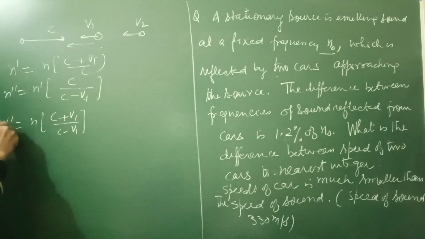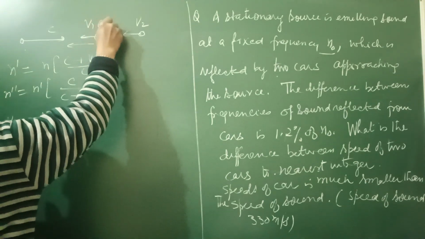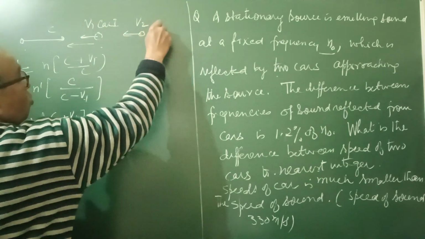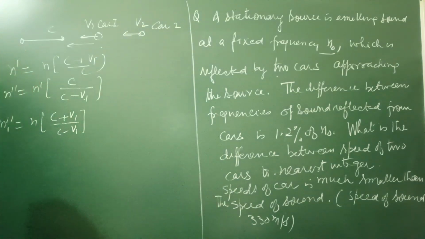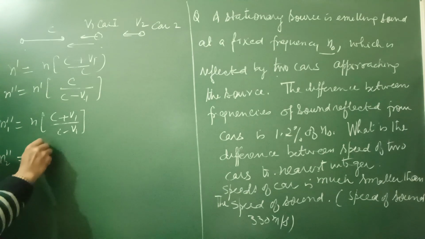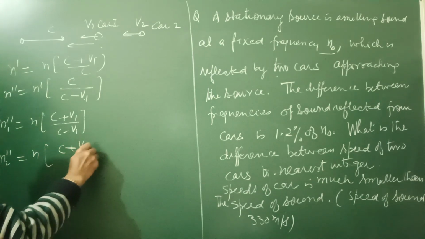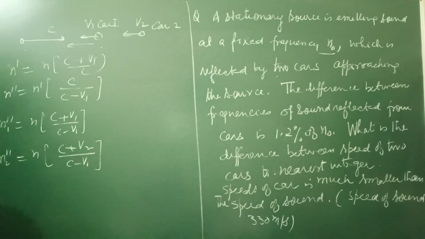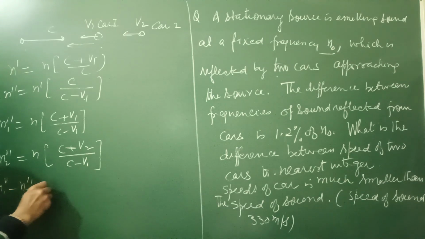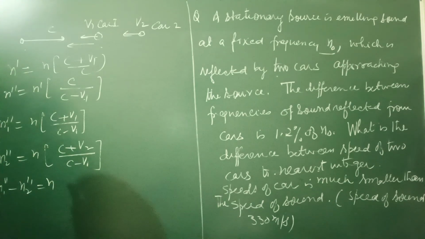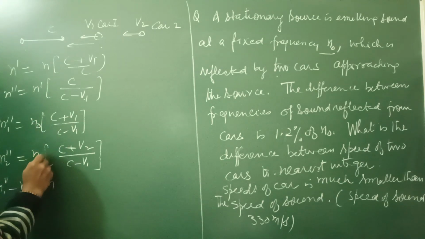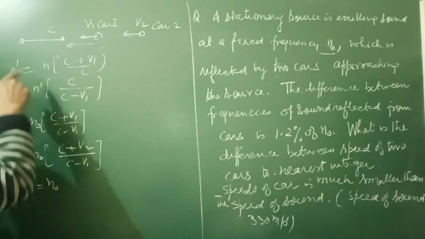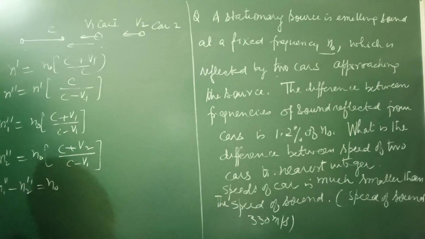Similarly, this is car 1, and this is car 2. For car 2 we can write n2'' equal to n into (C + V2)/(C − V2). Now n1'' minus n2'', n common, and this n is equal to n0 here.